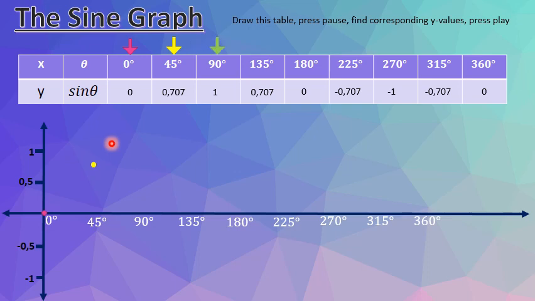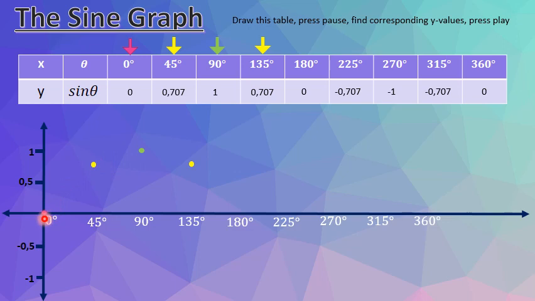Then a little bit of a hint, a little bit of a tip, maybe this is something you need to jot down because you're going to have to recall it later. When x is 90 degrees, the corresponding value is 1. That's a very significant point. Why? Because as we move along our table, when x is 135 degrees, the corresponding value is yet again 0,707.